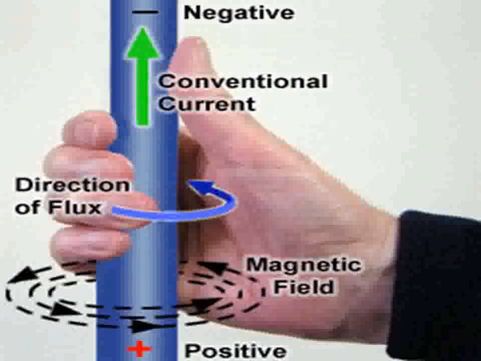Here again, the right hand thumb rule. Current is flowing in the conductor, the thumb is placed in the direction of flow of current, and the fingers are wrapped around the current carrying conductor.